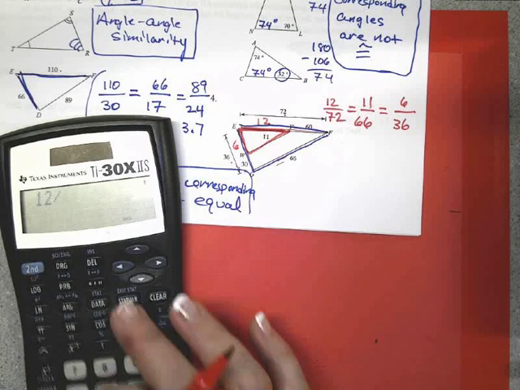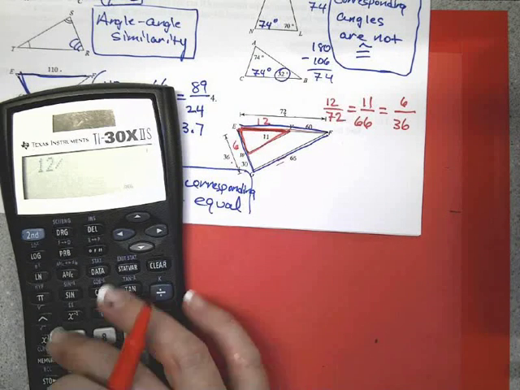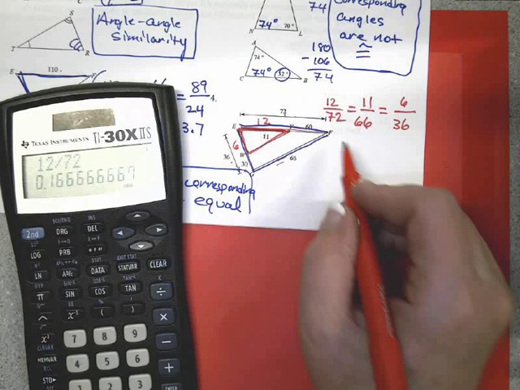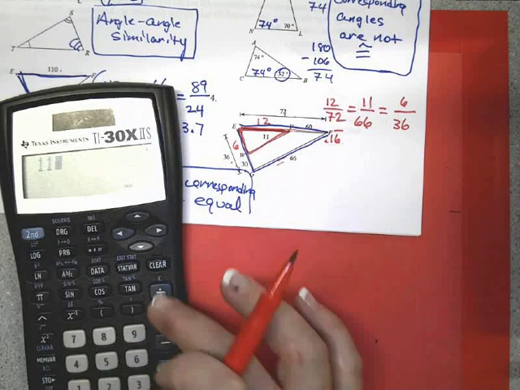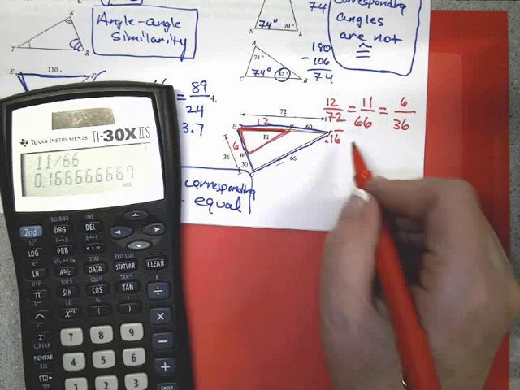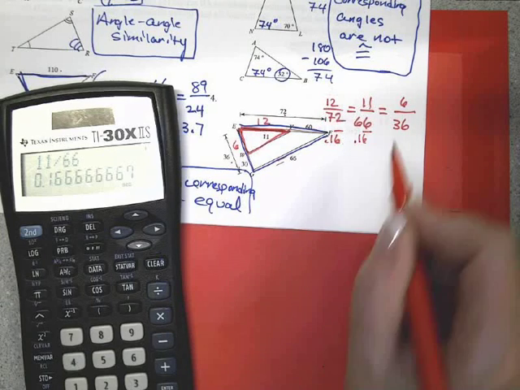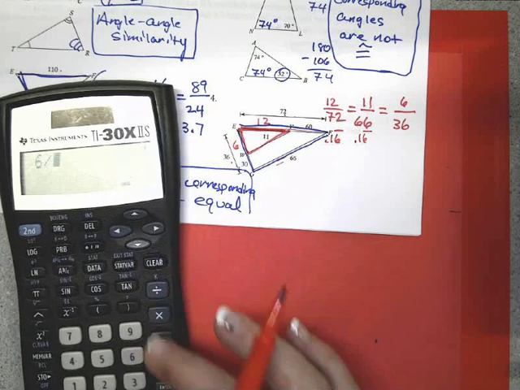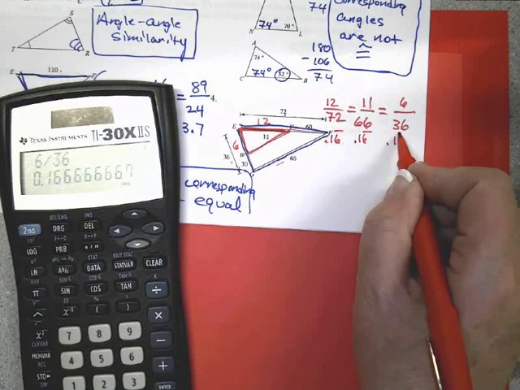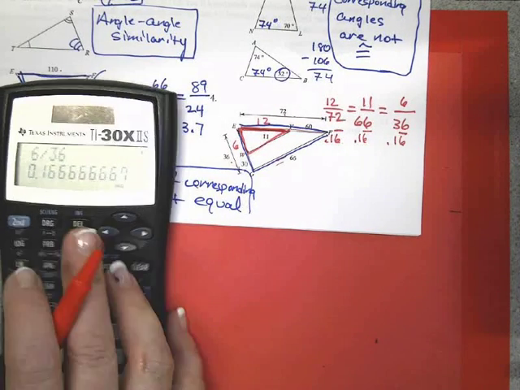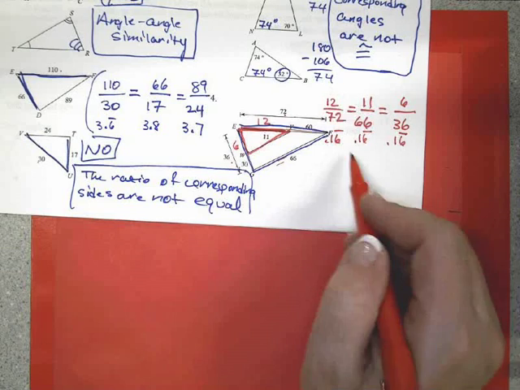So I just take my calculator out and divide. 12 divided by 72 is 0.16 with the overbar. 11 divided by 66 is 0.16 with the overbar over the 6. And 6 divided by 36 is 0.16 with the overbar over the 6. So all 3 of these are equal.